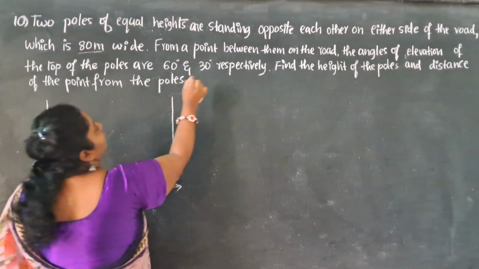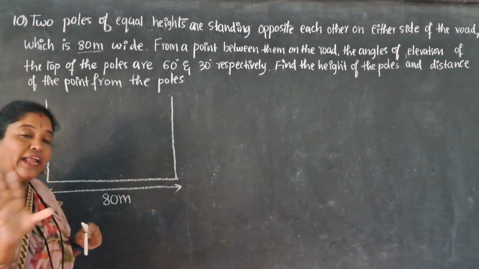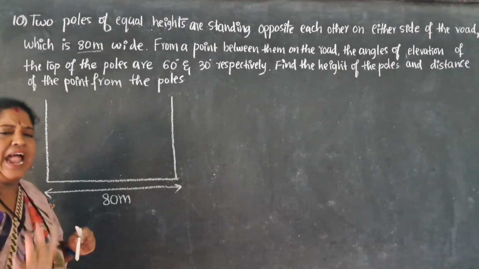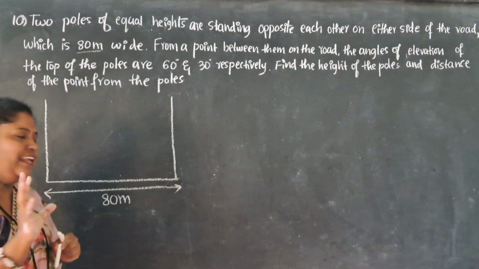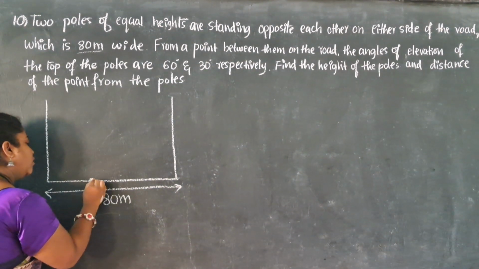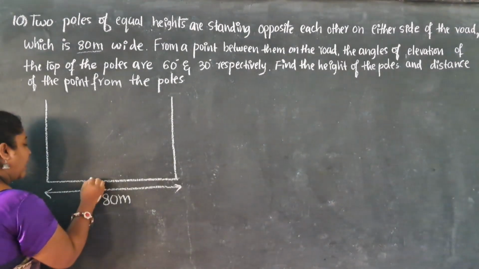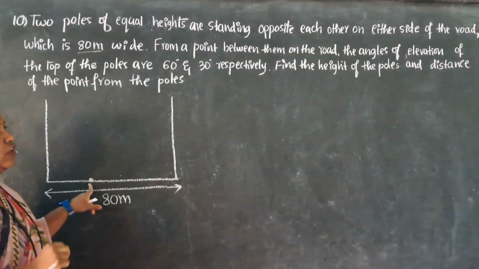From a point between them on the road, they have not mentioned any distance. You just randomly have to consider any point on the road. So now let me consider this point on the road. I have highlighted it here.